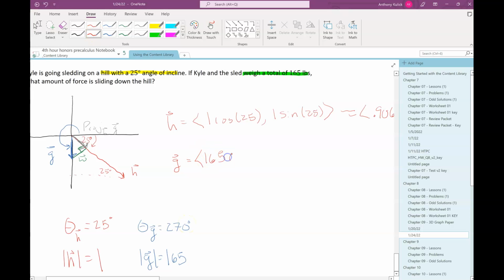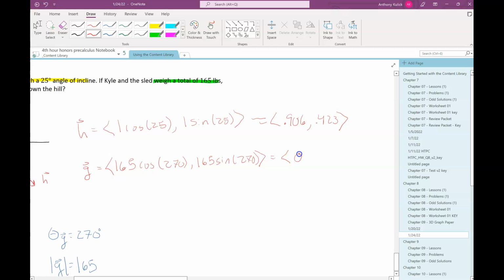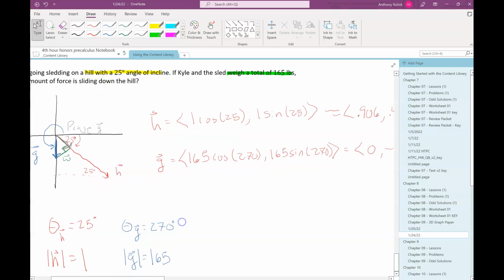So 165 cosine 270, 165 sine 270, which not surprisingly comes out to just 0, negative 165. You were probably thinking from the picture I drew, no duh, that vector is going to be 0, negative 165, since the length of that vector is 165 and it's pointing straight down.